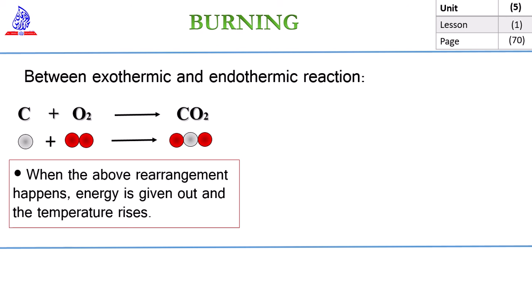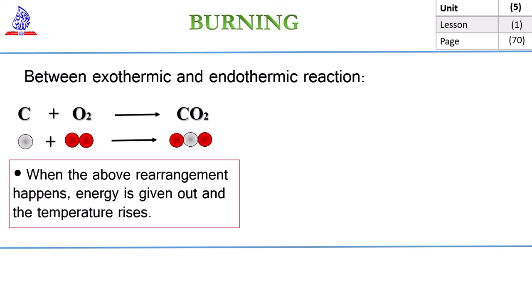Also, in the product, there is a carbon atom and there are two oxygen atoms joined together in a new position, a new orientation. So a new bond is formed. In this reaction, we can say that a bond has been broken in the reactants and a bond has been formed in the product.